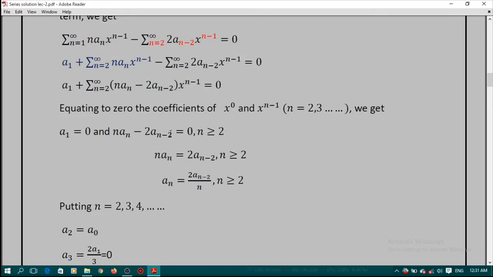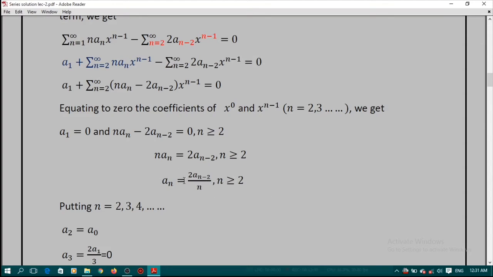Now simplify this equation, we get n an equals 2 an minus 2, where n is greater or equal to 2, and finally we have an is equal to 2an minus 2 divided by n, where n is greater or equal to 2. This is known as recurrence relation.